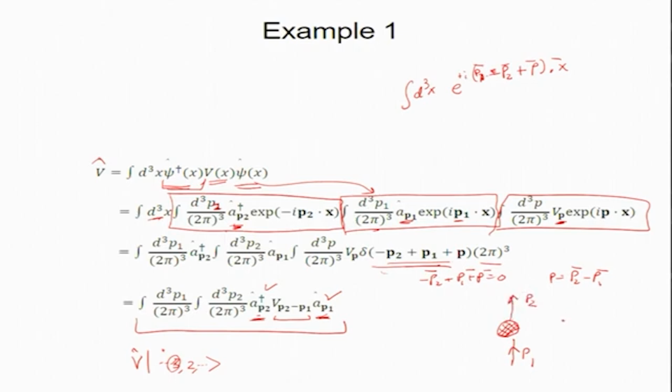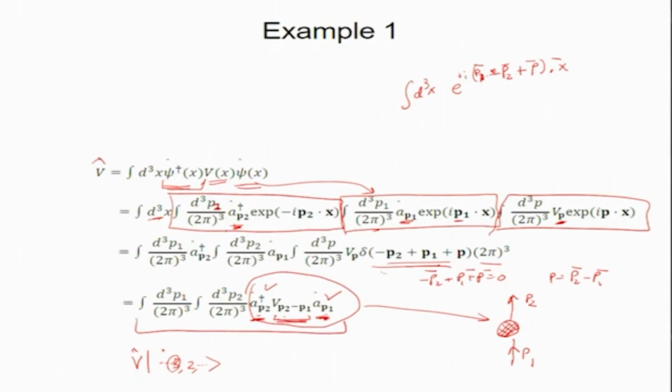This is the creation operator. So you just imagine that you shoot in a particle with momentum P1, this operator will destroy it, then V will play a role, and then it will eject a particle with momentum P2. So this process has an amplitude coming from this potential.